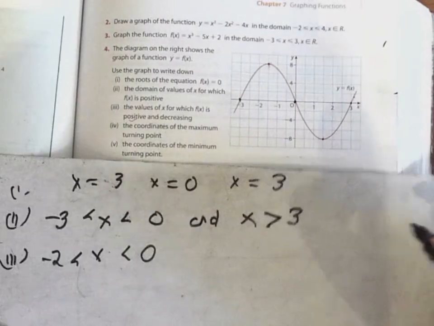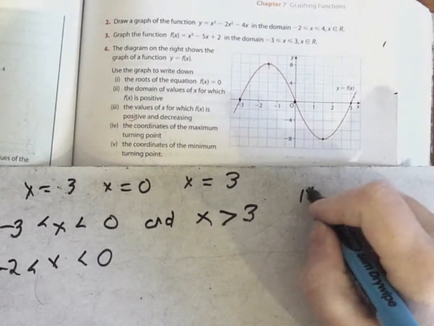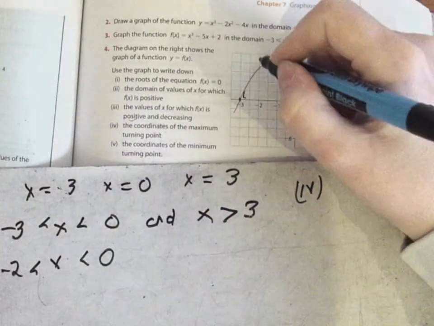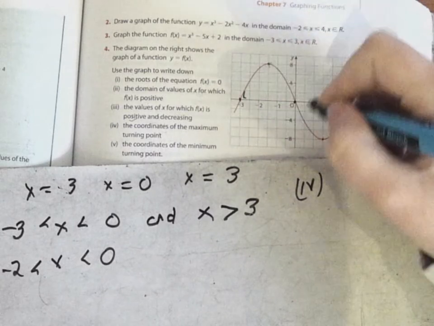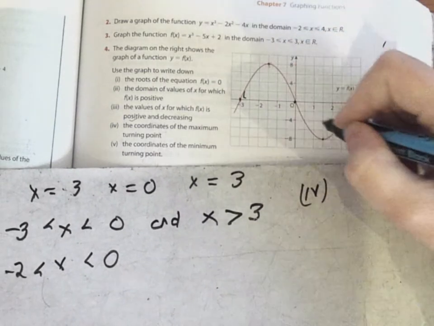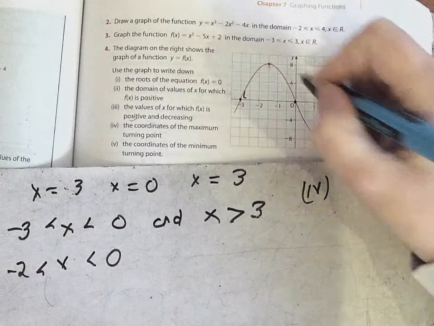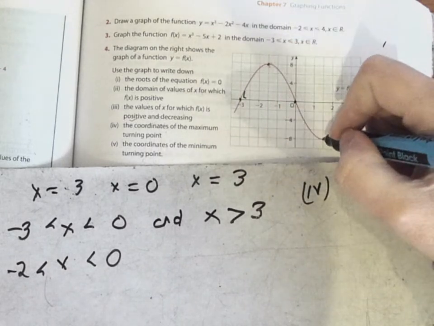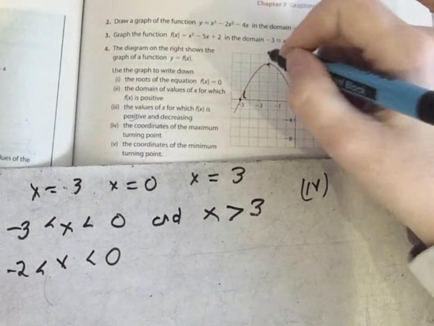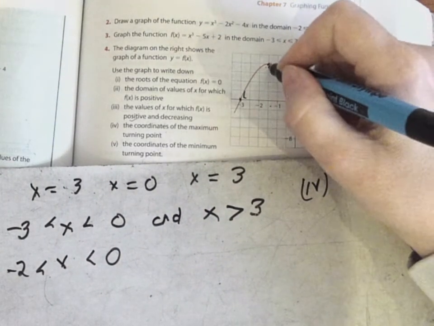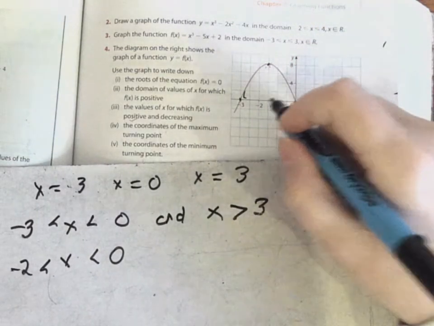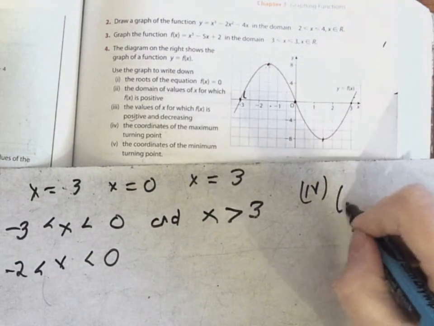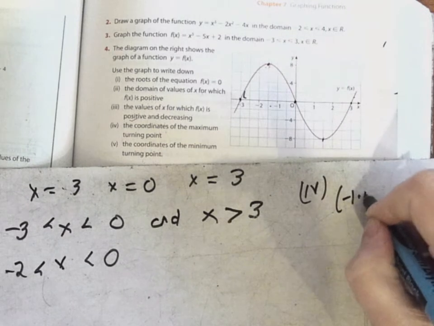Remember, girls, the turning points are where you're going up and you turn and come down, or you're going down and you turn and come up. So this is a turning point, and this is a turning point. The maximum turning point is the one up high, halfway between minus 1 and minus 2, so I'd say minus 1.5.